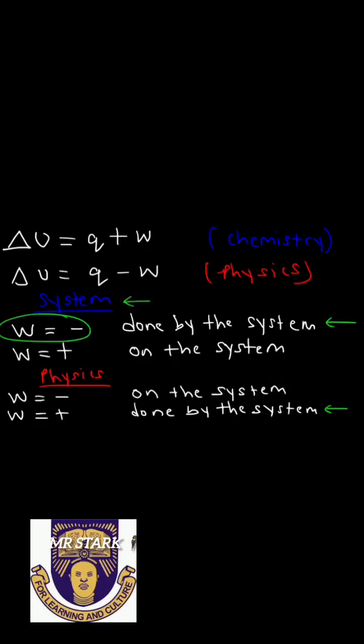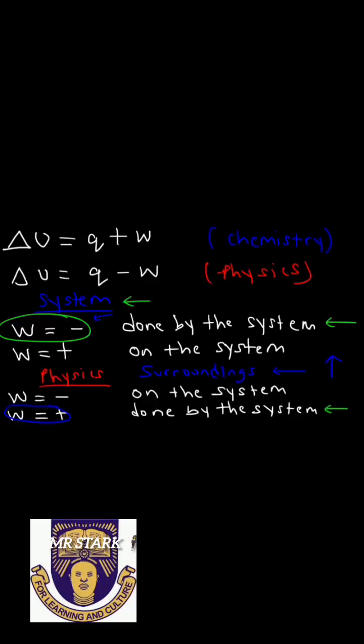In physics, we want to take the viewpoint of the surroundings. So when work is done by the system, the internal energy of the system still decreases. However, we say W is positive because the surroundings are gaining energy. We're taking the viewpoint of the surroundings. And so since the surroundings gain energy, W is positive. In the case of chemistry, when work is done by the system, it loses energy, so we say W is negative.